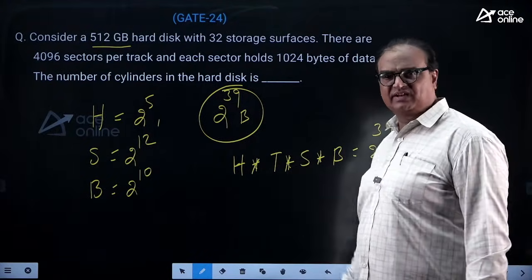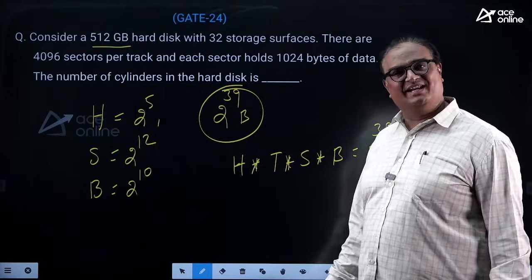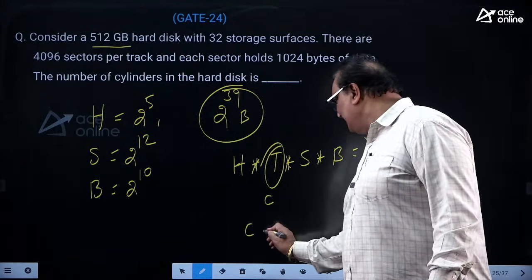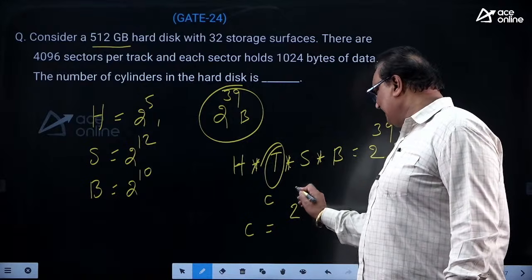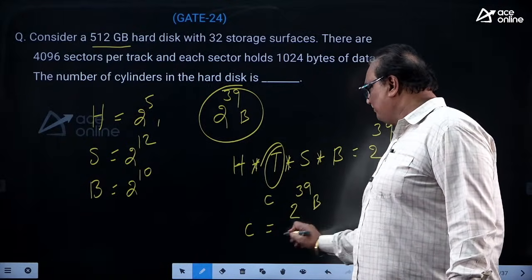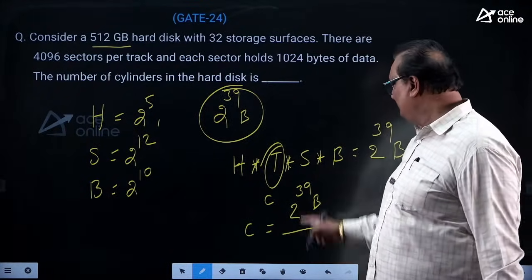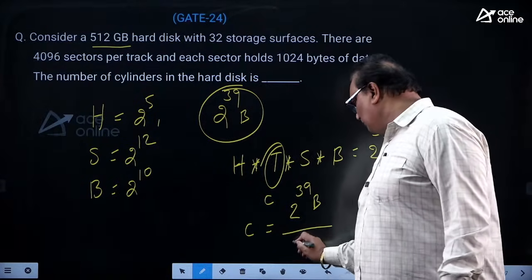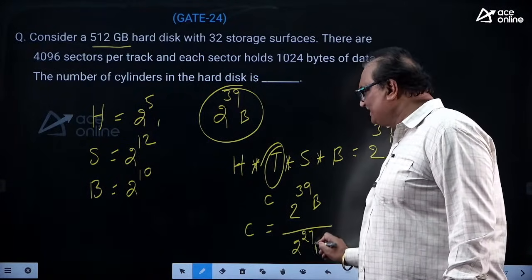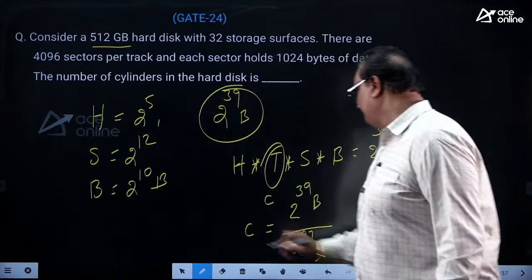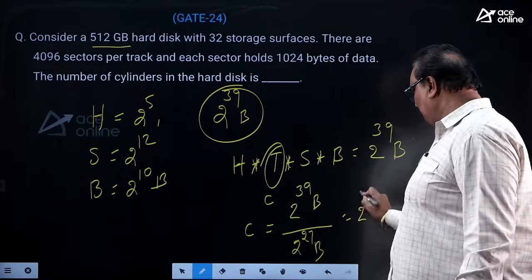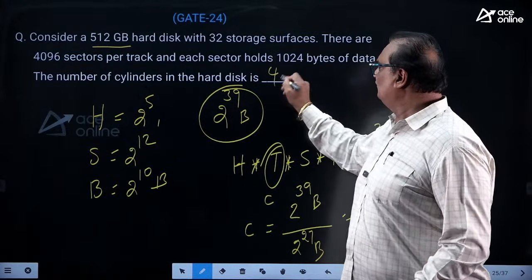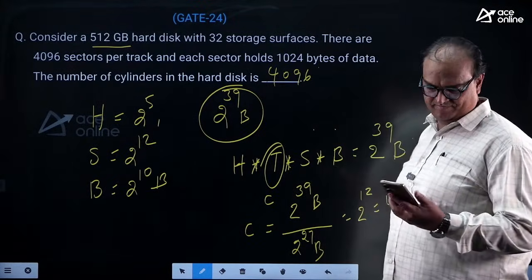Number of tracks in one surface is the number of cylinders in the hard disk, so this value can be replaced with C. That's why C is 2 power 39 bytes divided by H, which is 2 power 5, S, 2 power 12, and B, 2 power 10, meaning 2 power 27 bytes, so C is 2 power 12, which is 4096. Our answer is 4096.